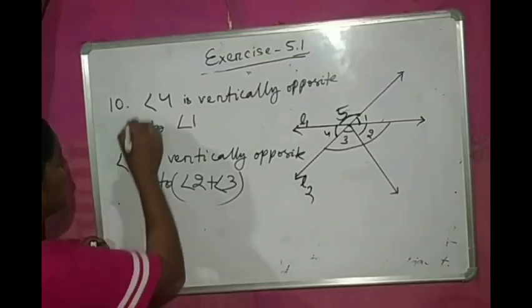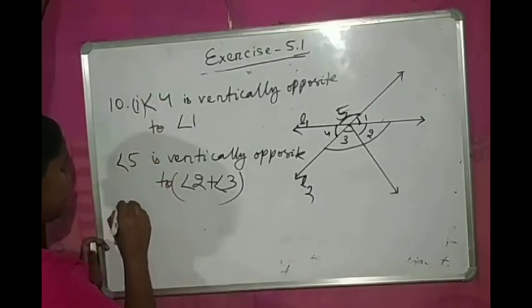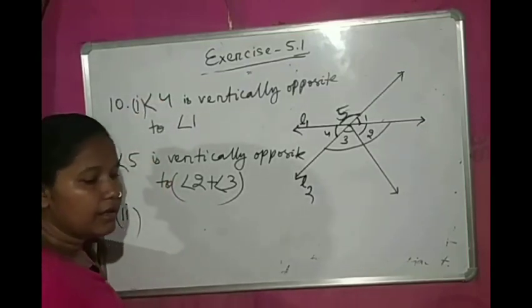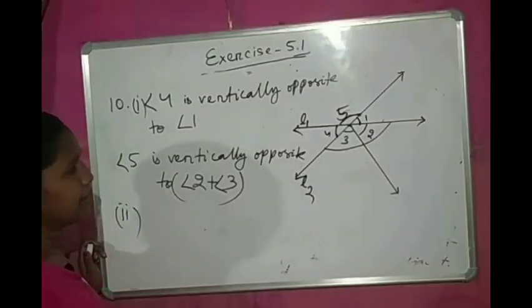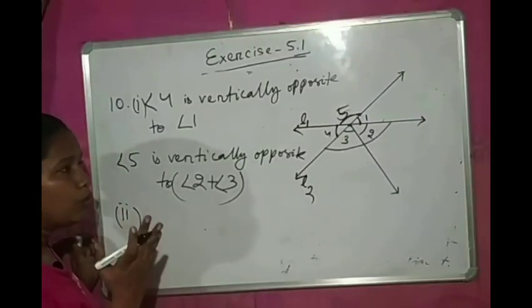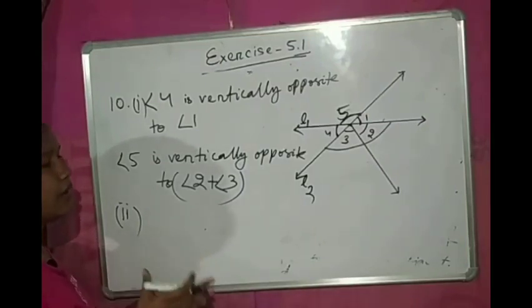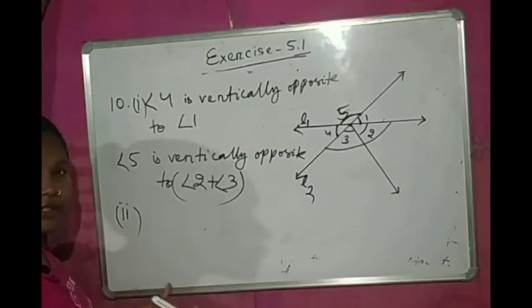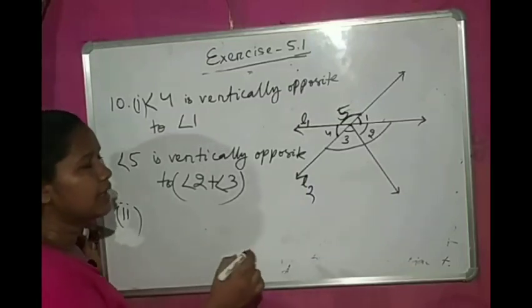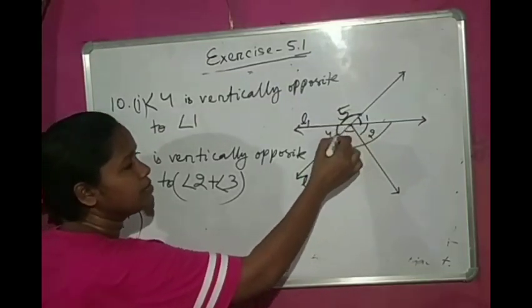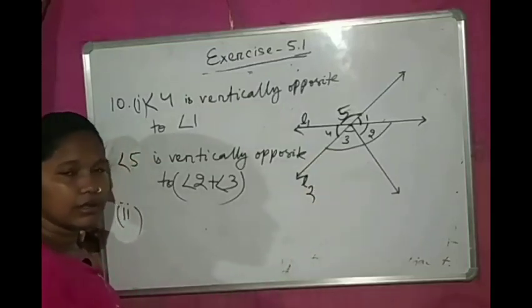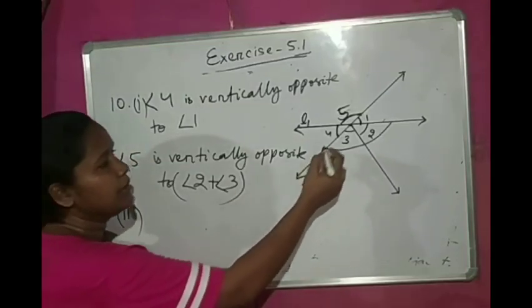Next, this one is B1. Next move to B2, linear pairs. We have to find out the linear pairs. Linear pair means what? If two adjacent angles have the uncommon arms opposite to each other, it means they are forming a straight line.